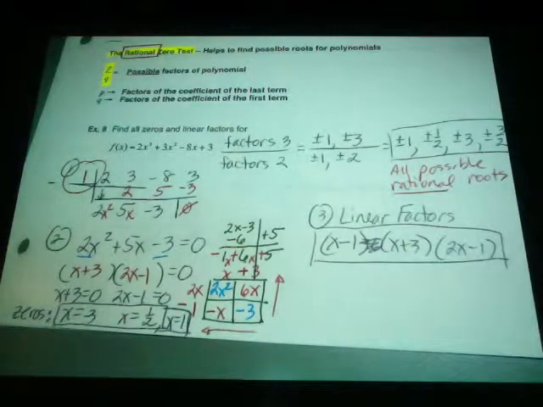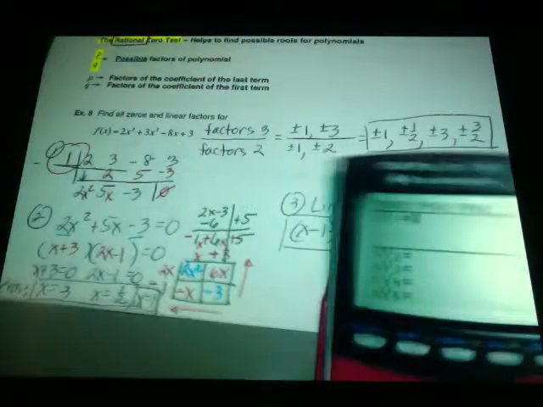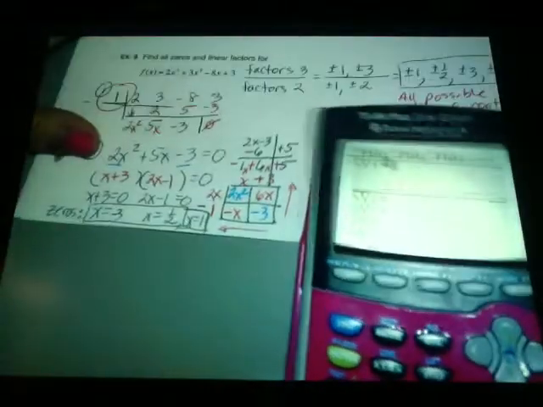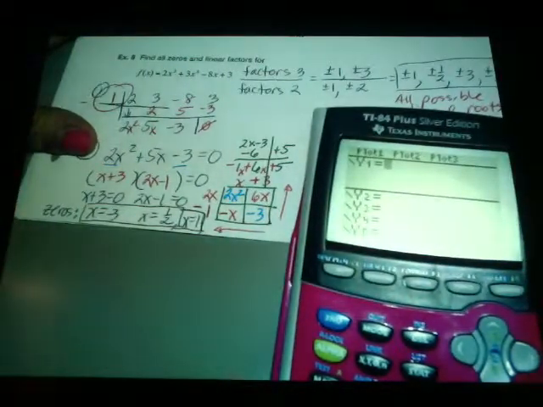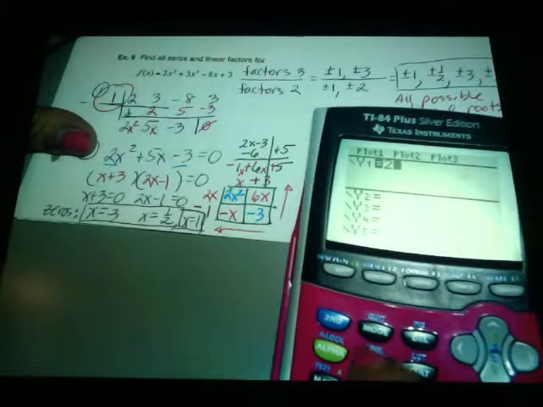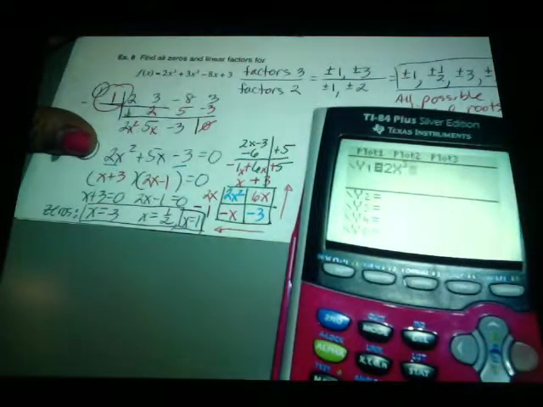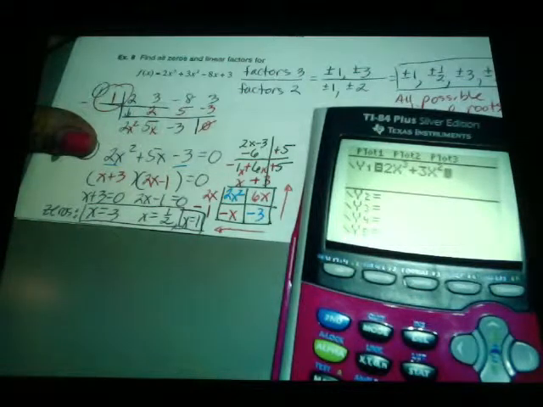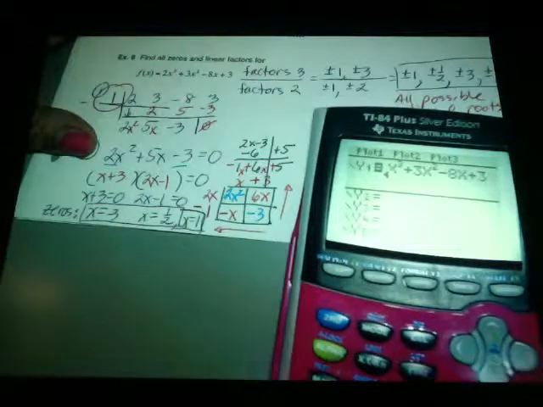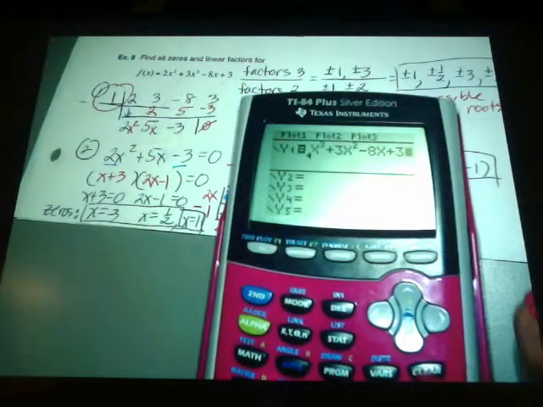And if I plug this into my calculator, 2x cubed plus 3x squared minus 8x plus 3. Let's see how we did.